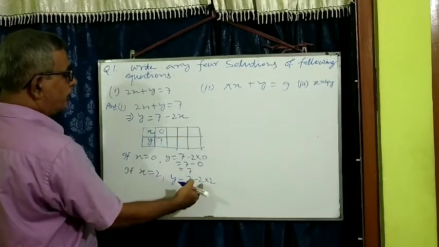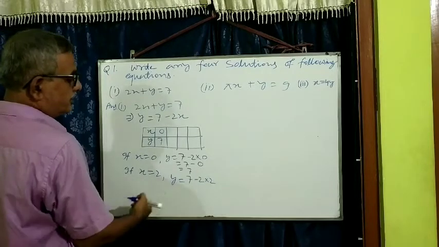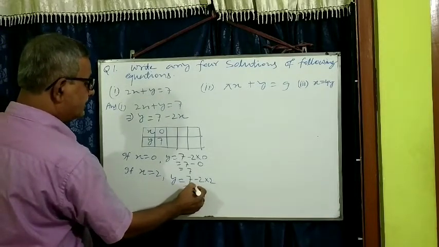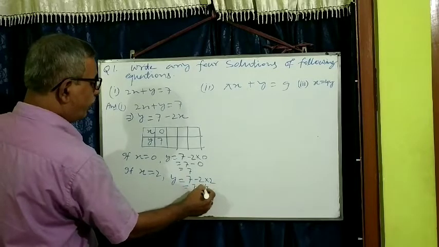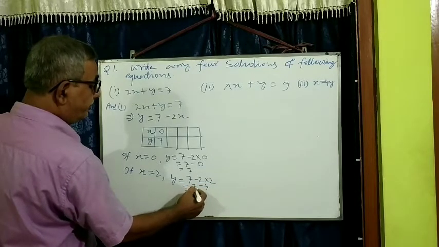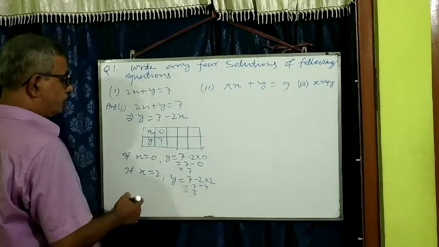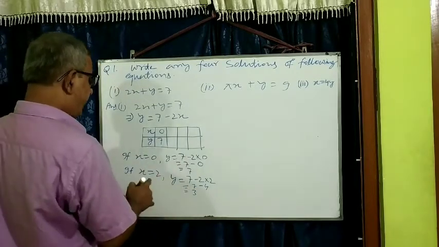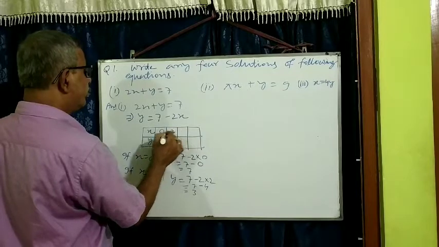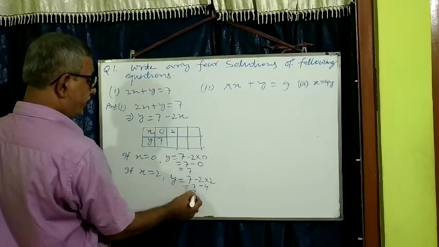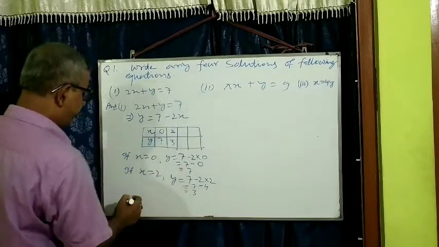Then in that case what will happen? Do you understand? 2 into 3, 6. Here what happens? 7 minus 4. You are getting 7 minus 4. You are getting 3. So dear friends, x is equal to 2. Then y is equal to, you are getting 3, like that.